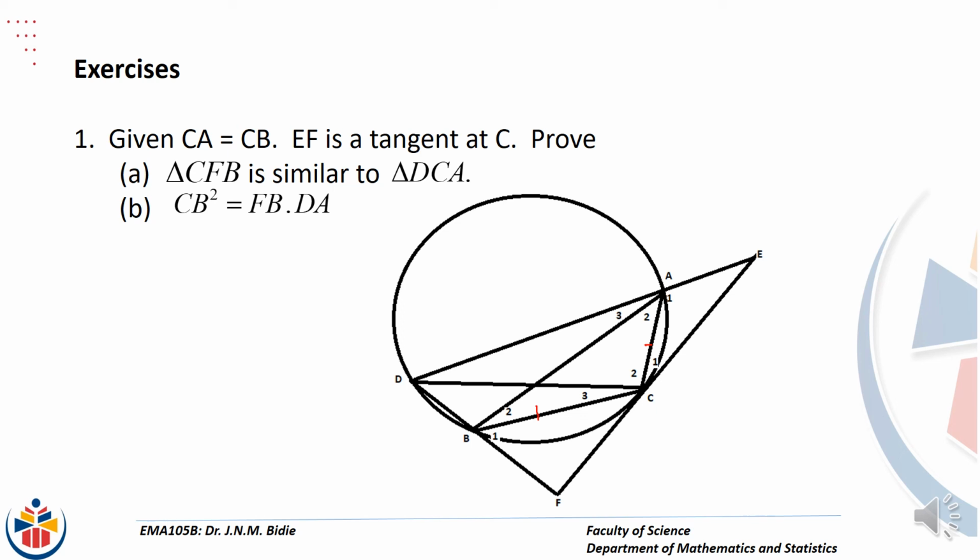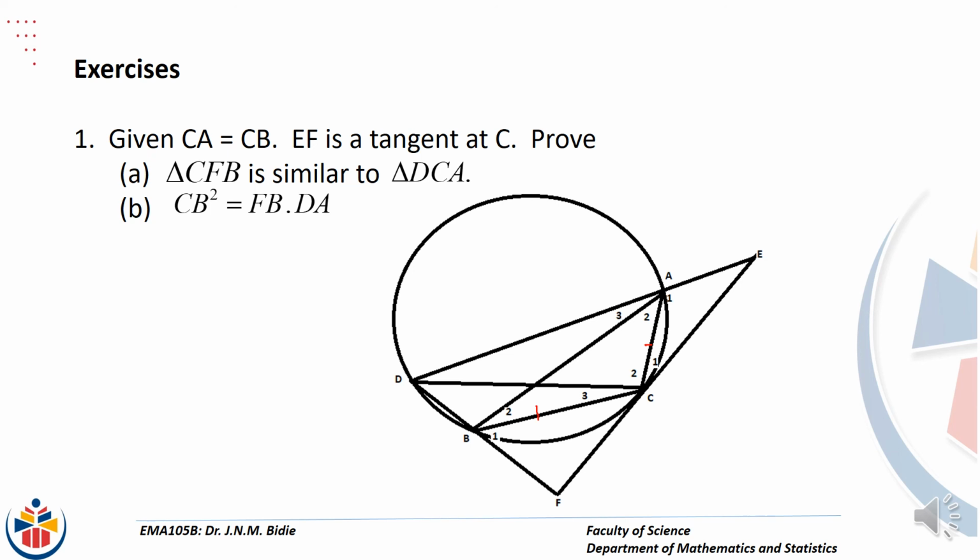And also, DB subtends A3 and C3. Also, you've got the angle between the tangent and the chord, which is C1, equal to the angle in the alternate segment, which is angle ADC. Also, angle DBF is equal to the angle in the alternate segment.